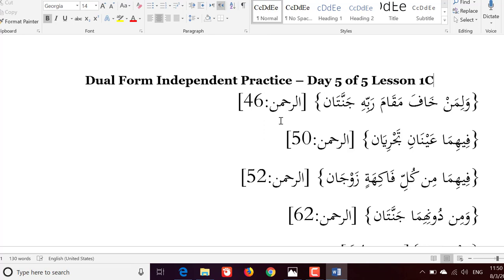So just make sure that just because it has an an sound doesn't mean that it's dual, but it can be dual, and you'll need to see if there's a singular of it in order to make sure. Like we saw al-Yaban for Japan. It's not dual. It just has the aleph and the noon at the end.